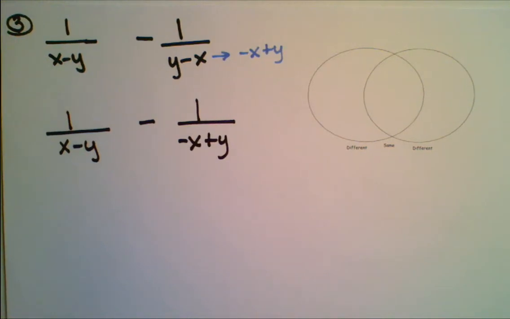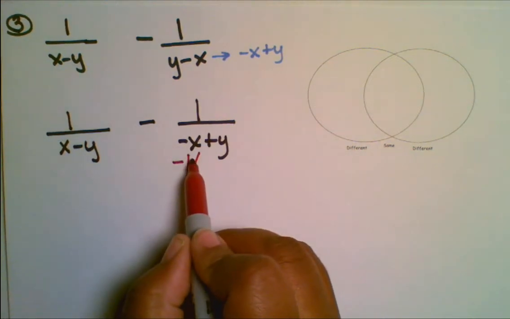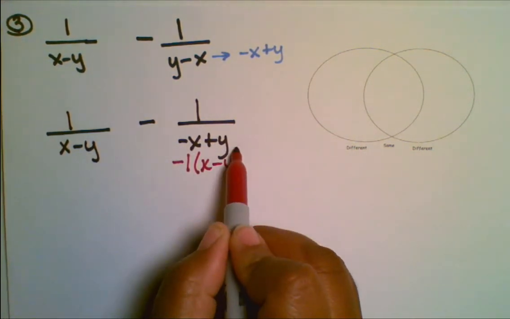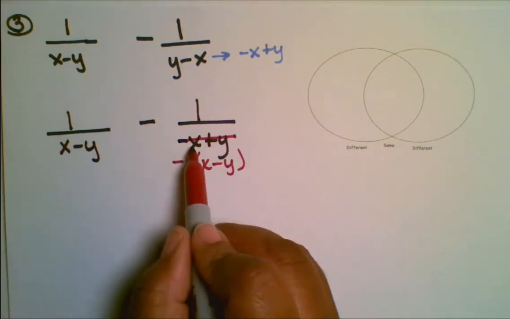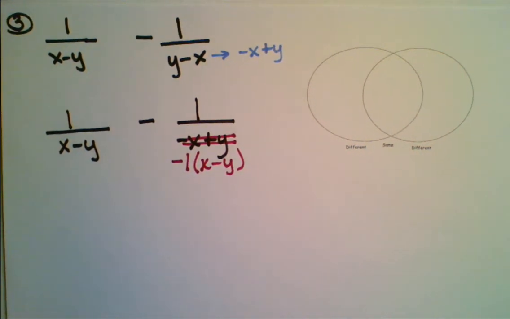So that negative x plus y, that denominator, factor out the negative GCF, which is negative 1, and then what's going to happen, the negative x becomes positive, the positive y becomes negative, so we don't need that denominator anymore. And then remember, I told you that it doesn't matter where we place the negative.